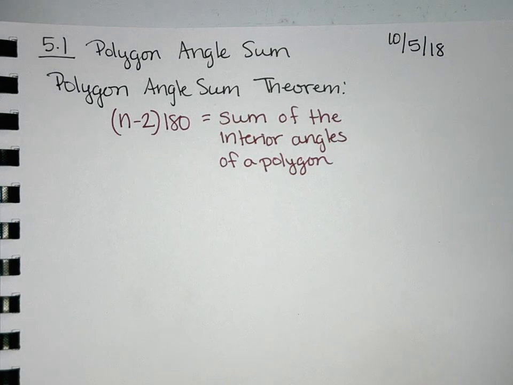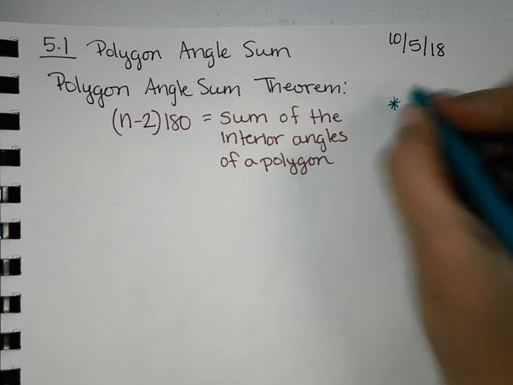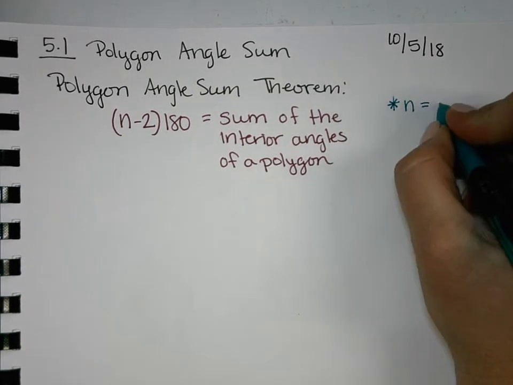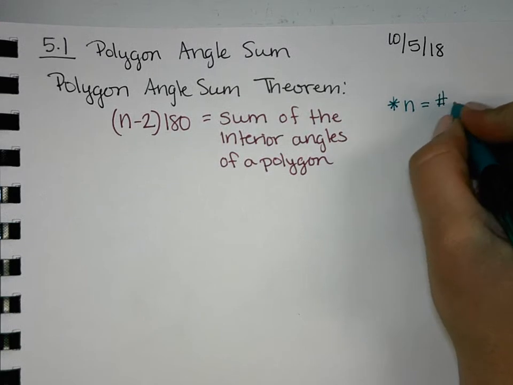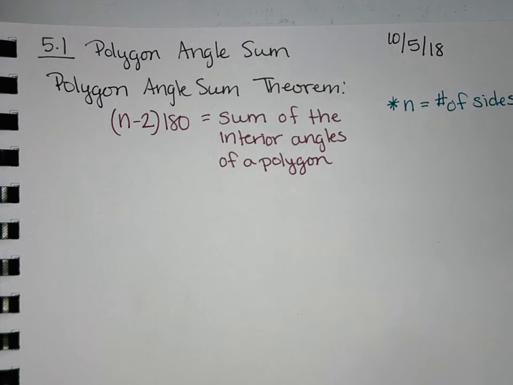And what you might want to do over to the side, and this is going to hold true for the entire unit, n will always equal the number of sides of your polygon. In all of our formulas, that's going to hold true. N will stand for the number of sides in our polygon.